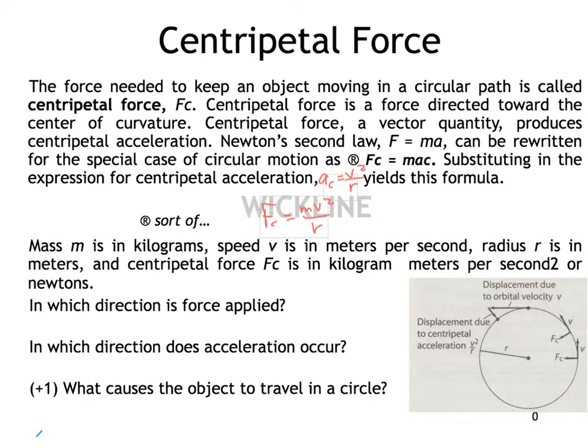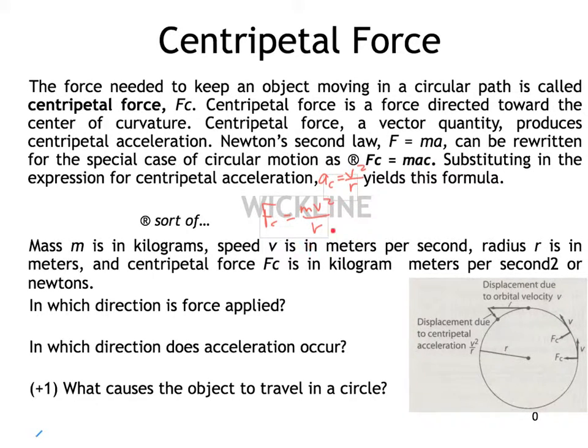Now I have a little pro tip for you. This equation is on your reference table: AC equals v squared over r. So is this one, FC equals m AC, an adaptation of F equals ma. If you put them together, so that instead of a you're using v squared over r, you get this equation: FC equals mv squared over r.